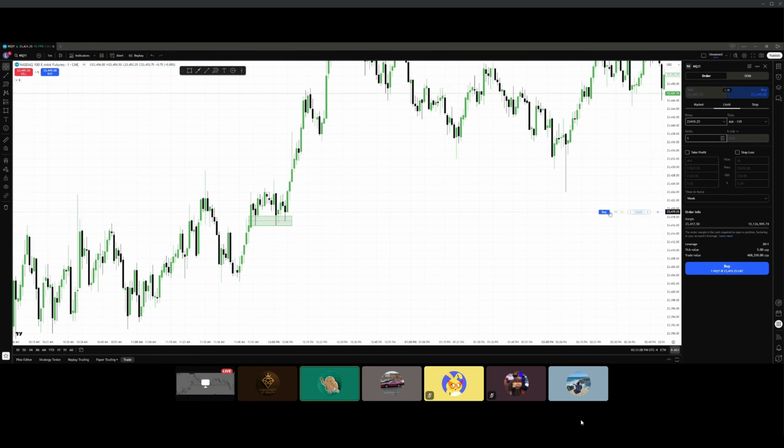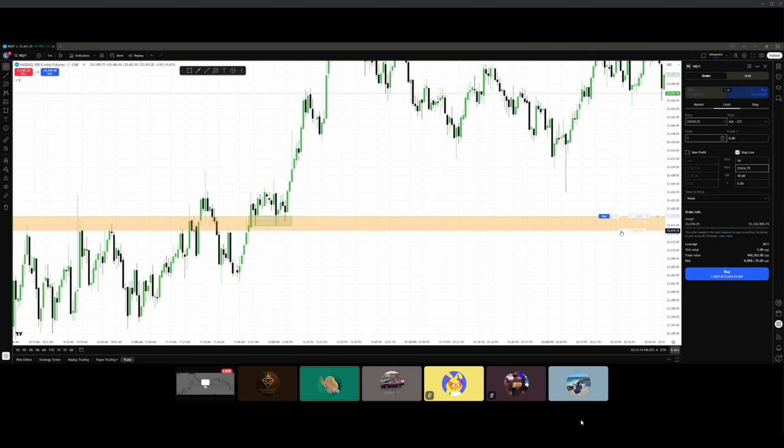So if I saw this happening, my entrance would be right here. My stop loss would typically be under the first candle or the next candle. Sometimes it depends on what you're feeling. Some people will risk up to $400, but you don't need to do that.